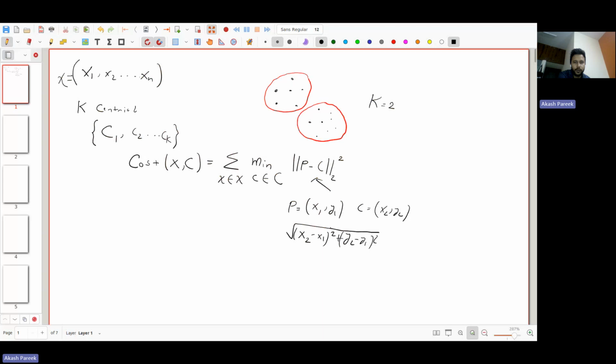And when you square it, the square root goes away. So this is the quantity that we want to minimize over all points.